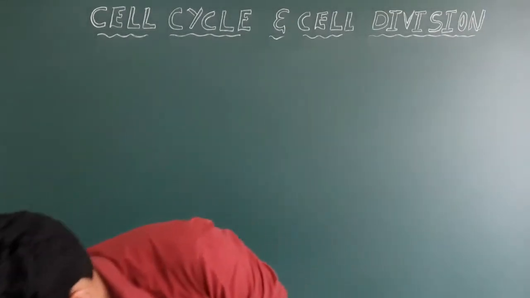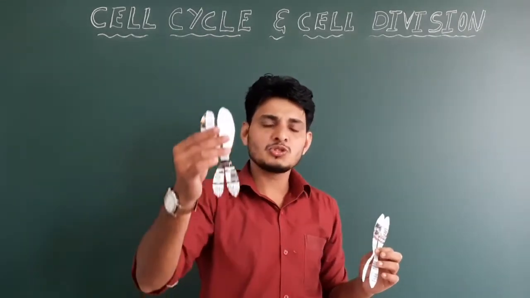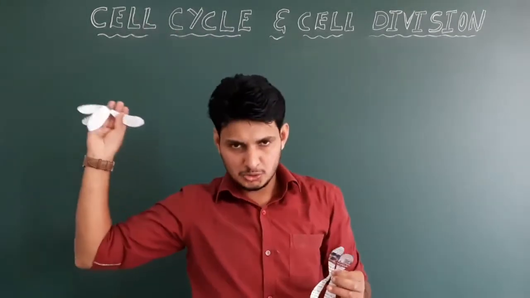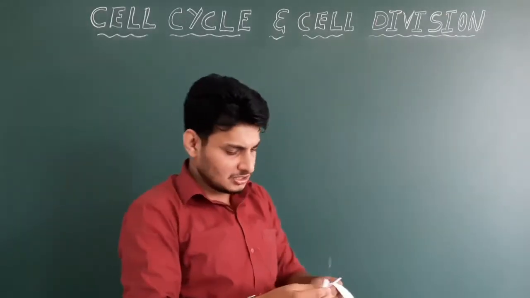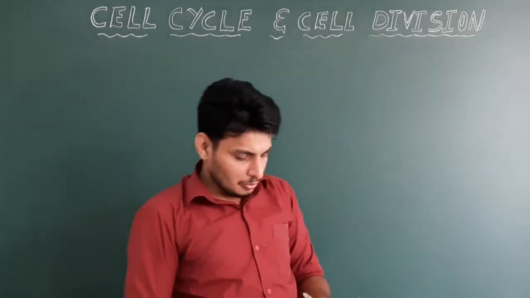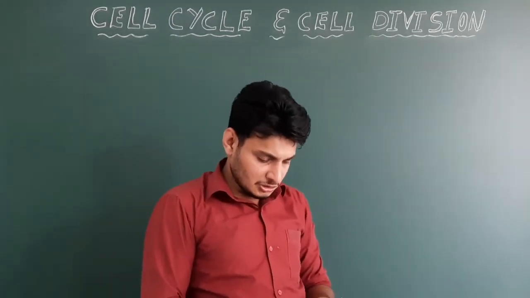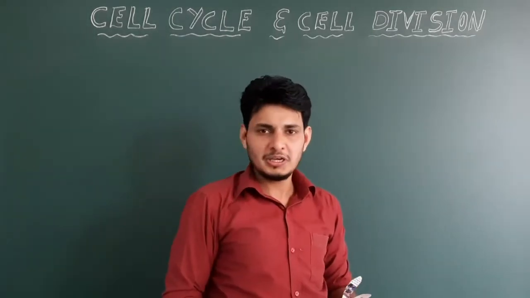Now the interesting thing is, let us imagine this is chromosome number 1 and this is chromosome number 22, some other chromosome. Normally the size also varies. To make you understand, let me tear some part, because the size matters here. Normally chromosome number 1 is the largest chromosome, whereas chromosome number 21 is the smallest.